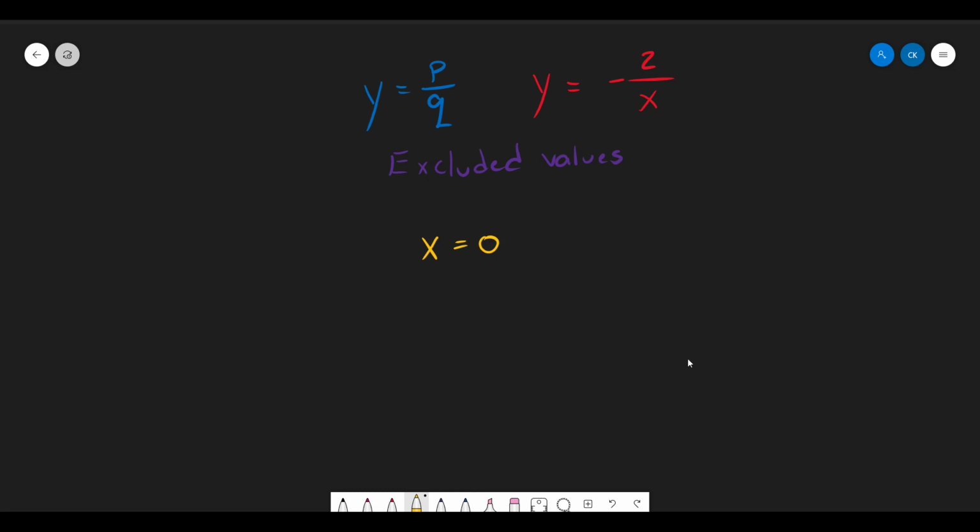Now again, in the case of this first one, setting it equal to 0, it's just x equals 0. So my only excluded value for y equals negative 2 over x is that x cannot equal 0. This is an excluded value. x equals 0.